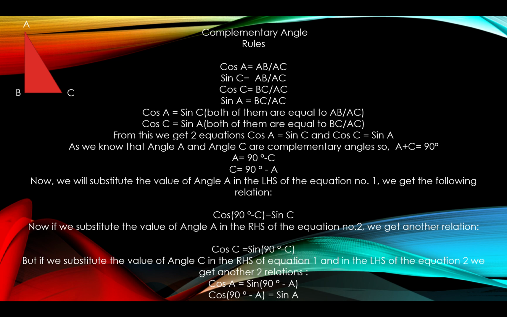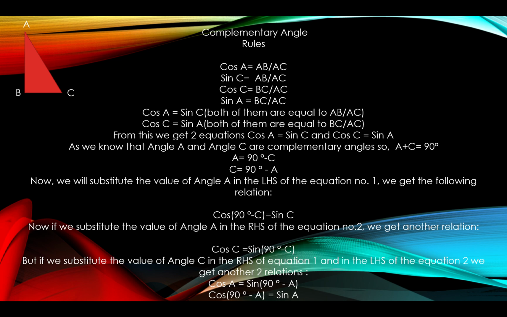On substituting, we get the following relation: cos (90 degrees minus C) is equal to sin C. Now if we substitute the value of angle A in the RHS of equation number 2, we get another relation: cos C is equal to sin (90 degrees minus C).